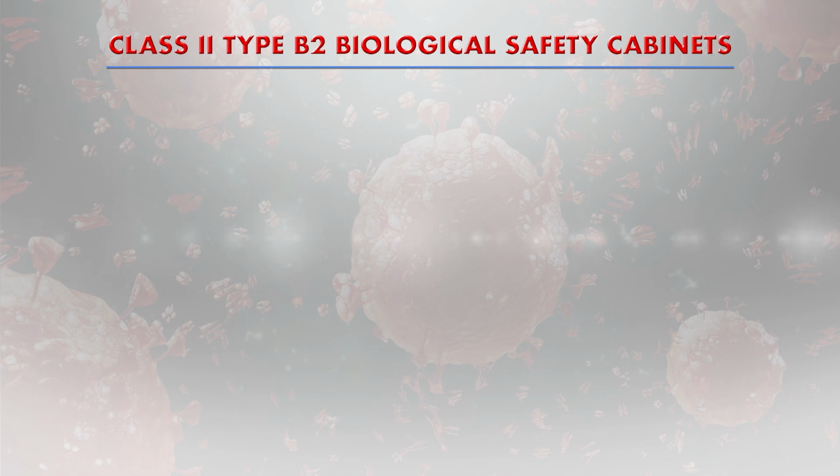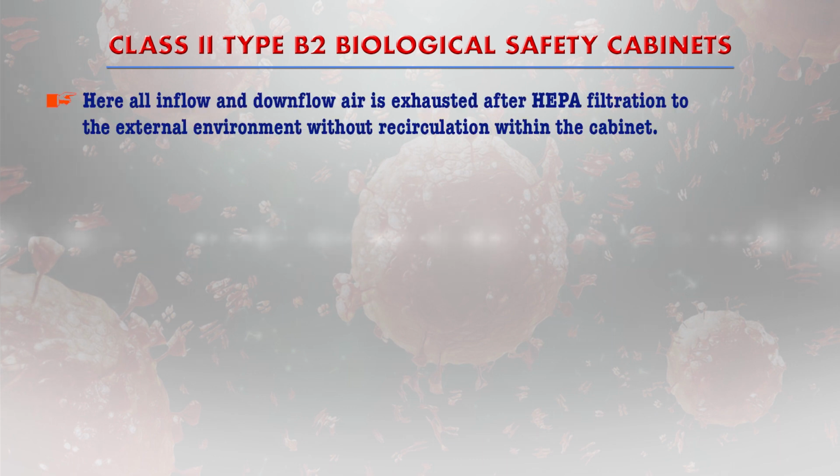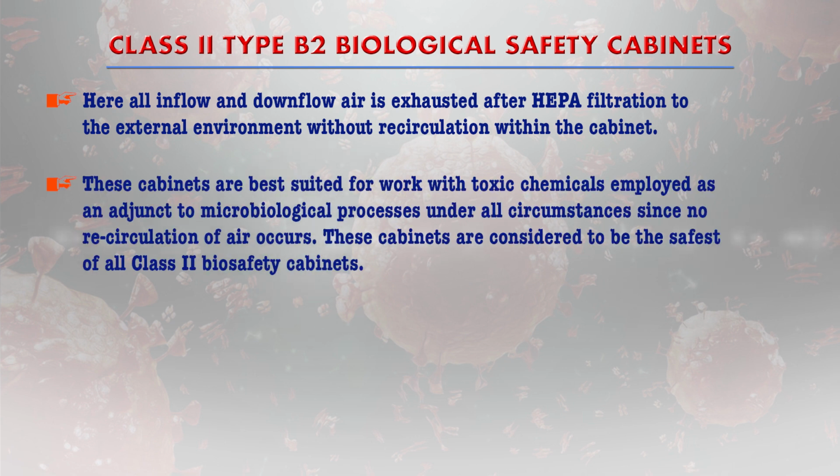The class 2 type B2 biosafety cabinets: here all the inflow and the downflow air is exhausted after HEPA filtration to the external environment without any recirculation within the cabinet. So these are best suited for work with toxic chemicals employed along with the microbiological processes under all circumstances, because there is no recirculation of any air occurring.